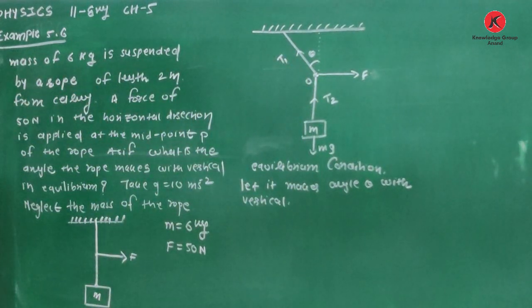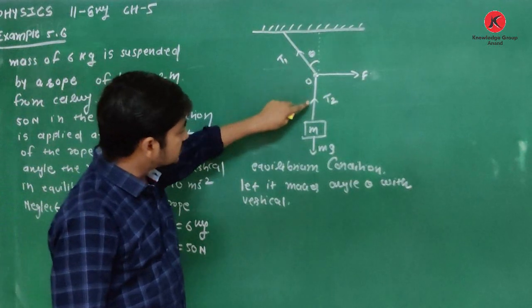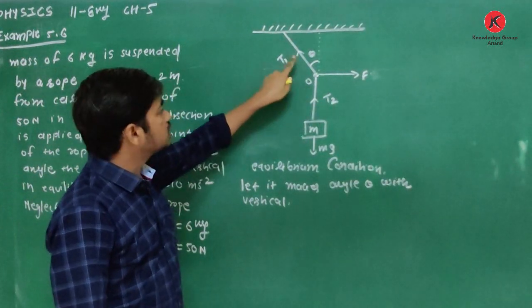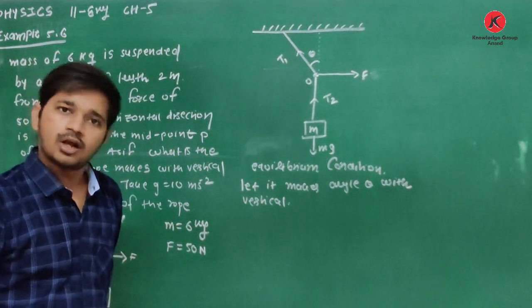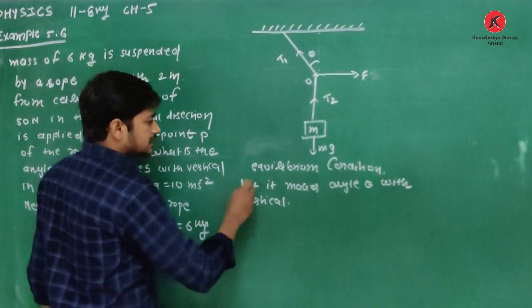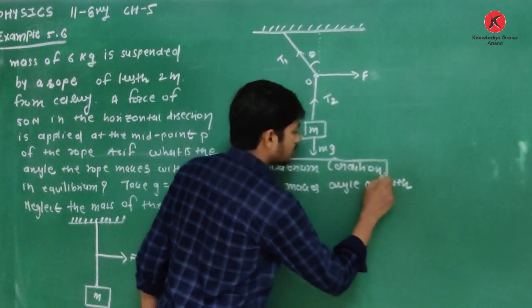Clear about this? Tension in this string I have assumed T2, and in this string T1.